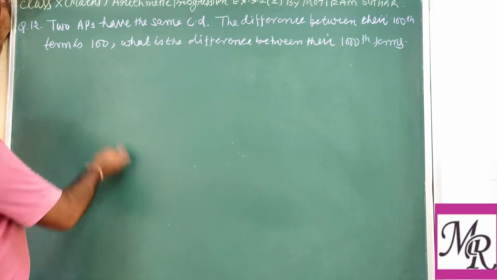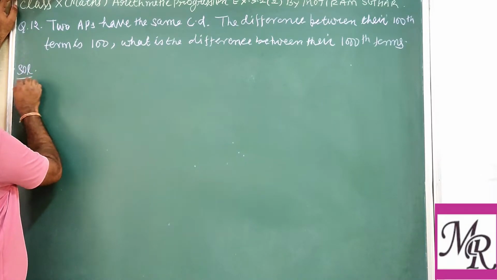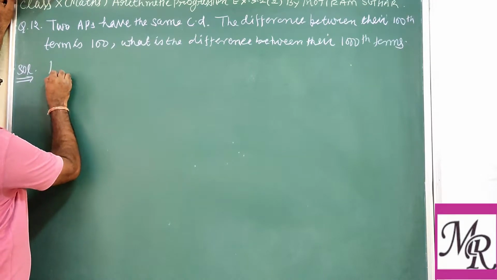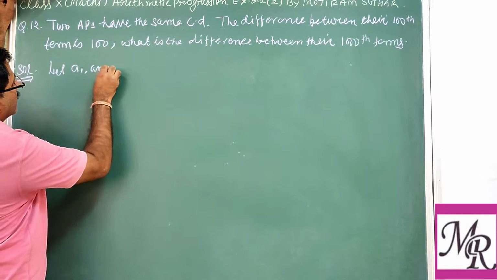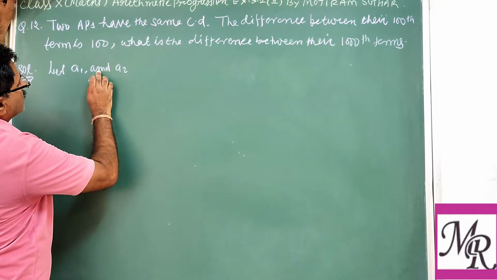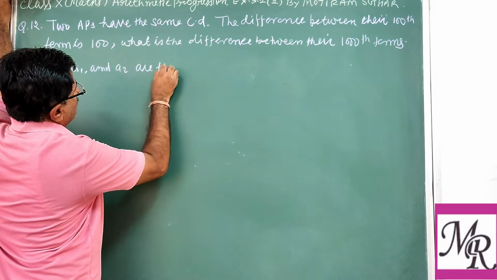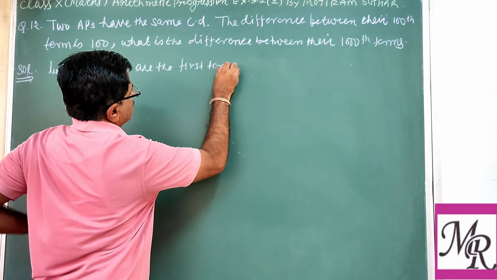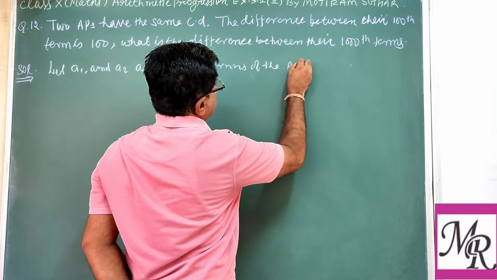So for such type of problem, we may again consider their first term and common difference. So you can say here, let a1 and a2 are the first terms of the APs.